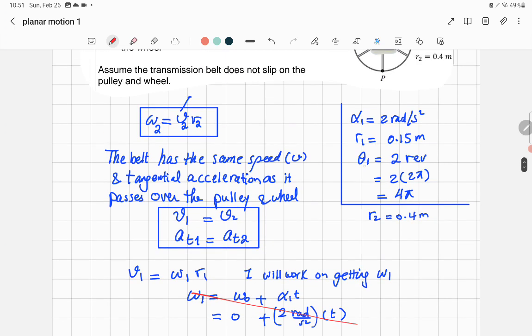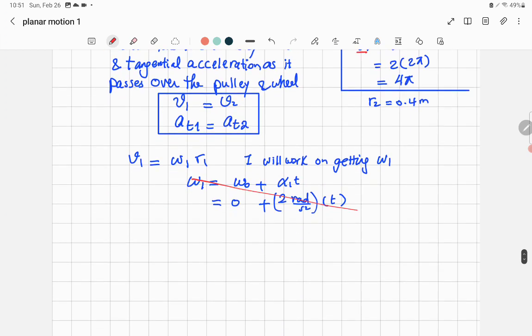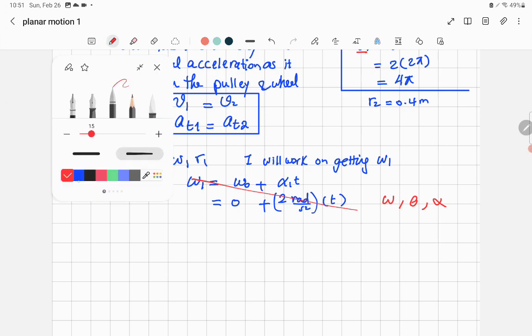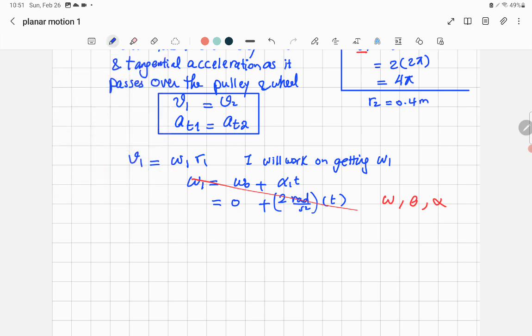Okay, it's given delta theta 1 as 2 revolutions, which equals 4 pi. So I have theta 1. I need a relationship that has omega, the displacement, and the acceleration. We have something similar that we did, so I will use this formula: omega 1 squared is equal to omega naught squared plus 2 times acceleration times displacement.